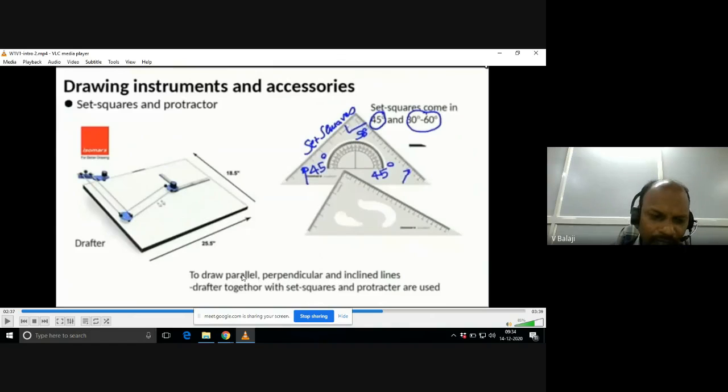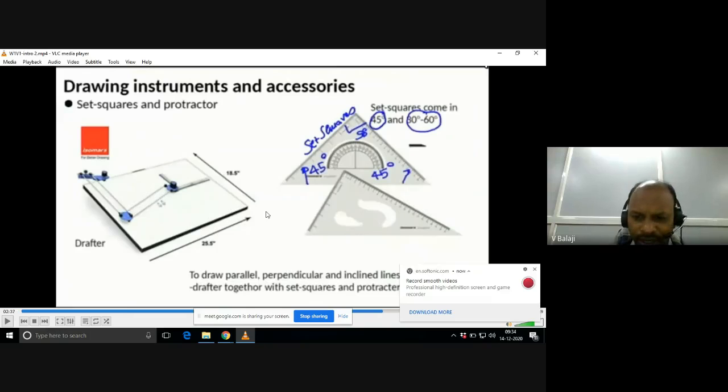The drafter takes care of most purposes, so only sometimes do we use set squares to measure angles. Suppose I want to mark 45 degrees or 60 degrees, I will use a set square without disturbing the mini drafter. The mini drafter we generally use for horizontal, vertical, parallel and inclined lines.